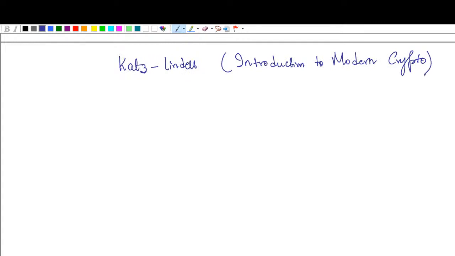And there is another textbook by Boneh and Shoup. It's freely available to download. So you can use any of these two reference books.